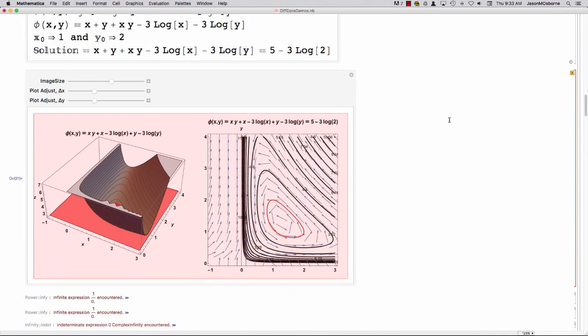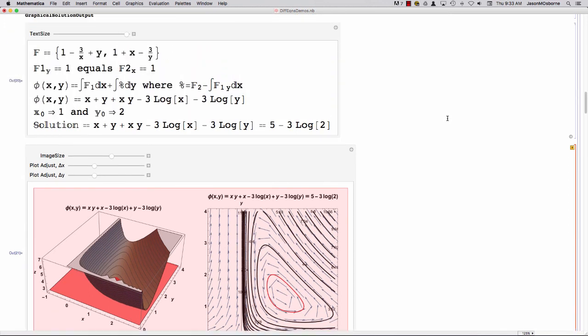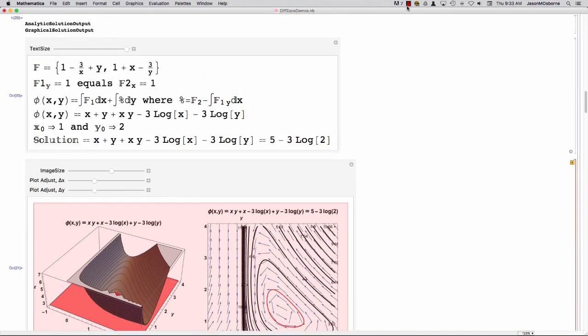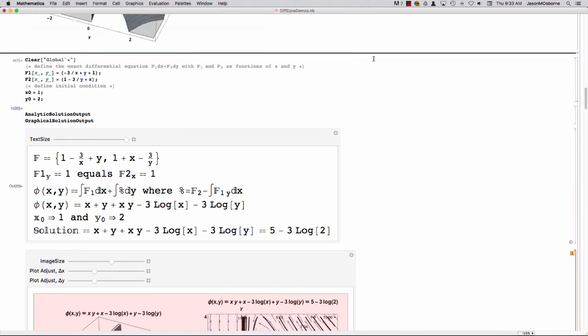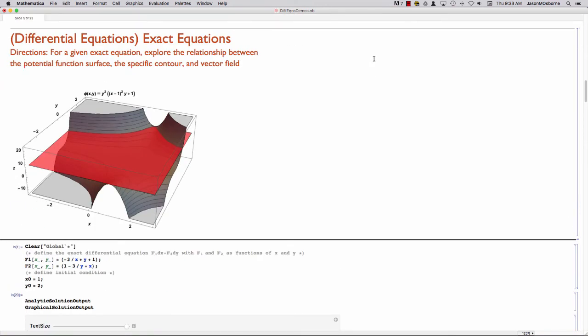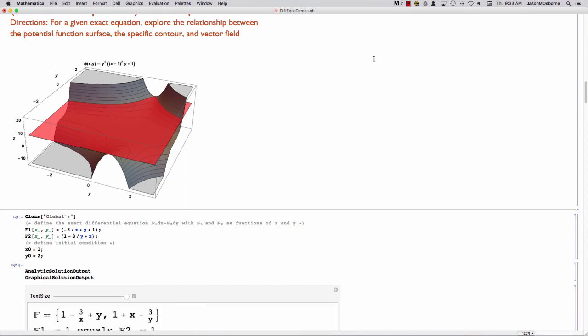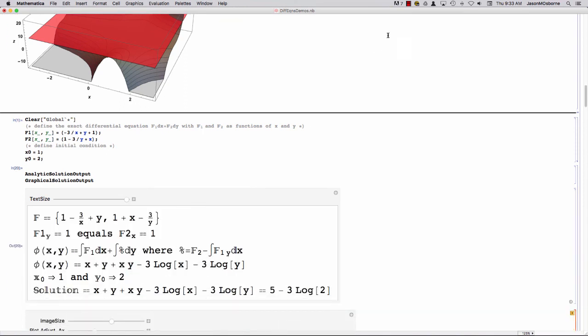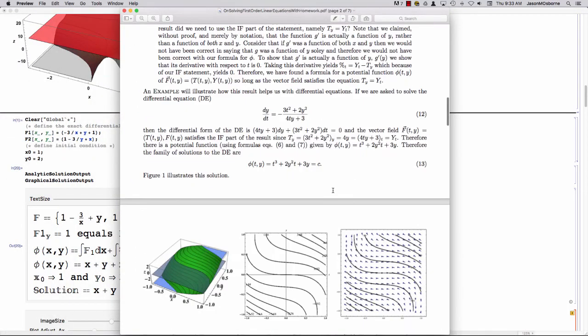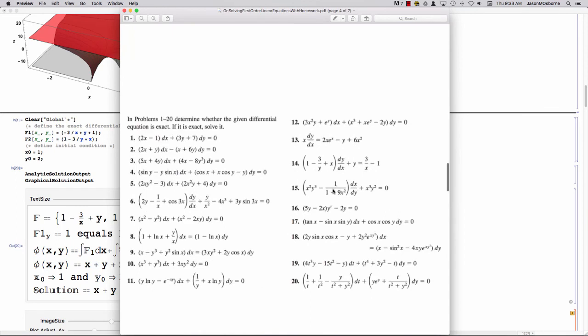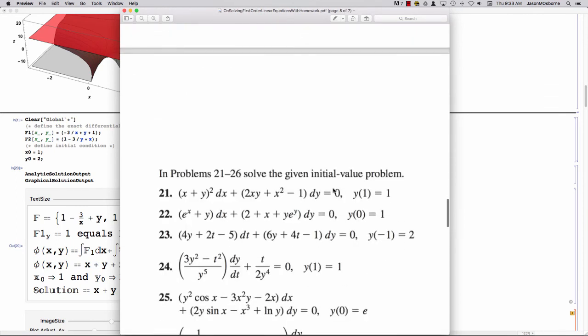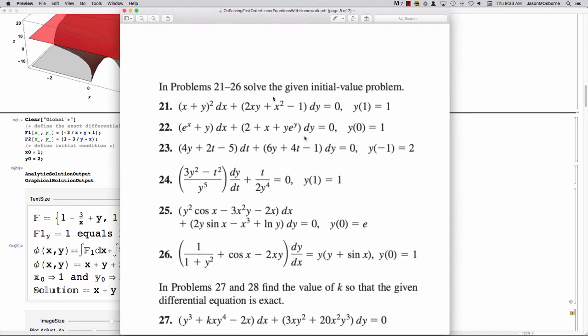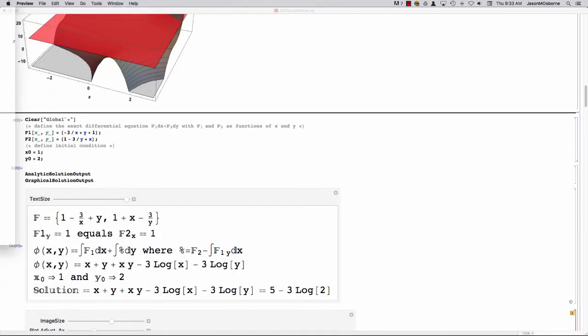So you have the ability now to do all the integrals and to check your answer using the exact equations demo. I will leave you to work through the rest of the homework problems that are in the notes. There are many here in the part of the notes on solving first order differential equations.